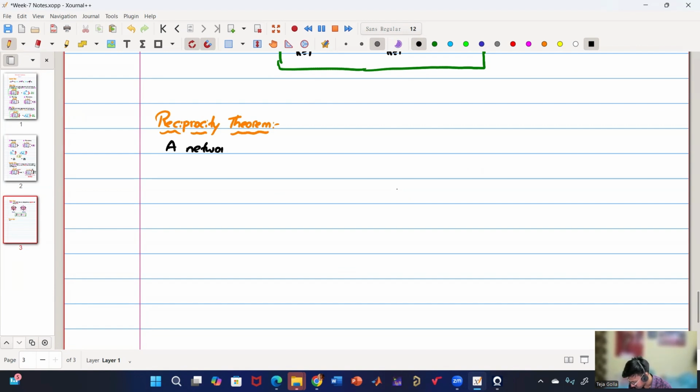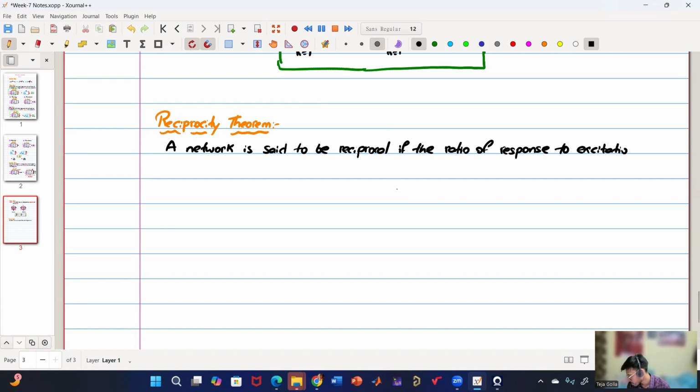A network is said to be reciprocal if the ratio of response to excitation remains unchanged even if we interchange response and excitation.